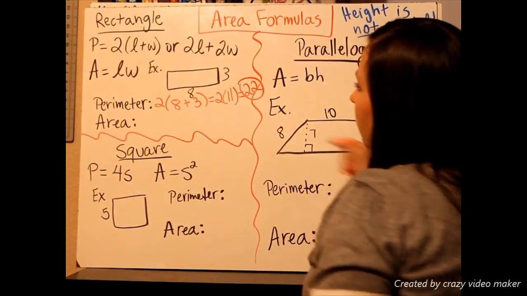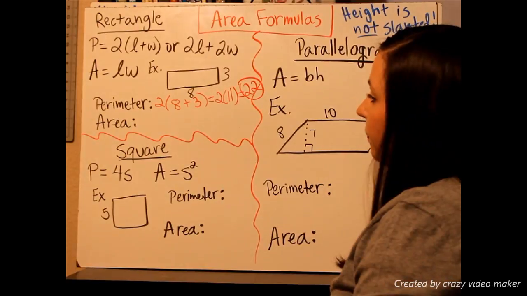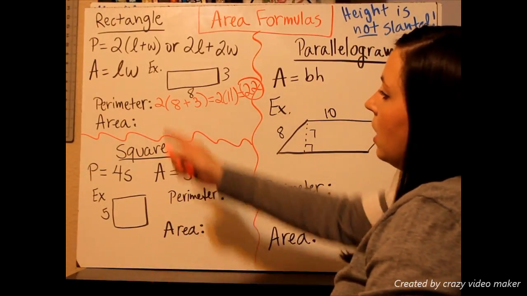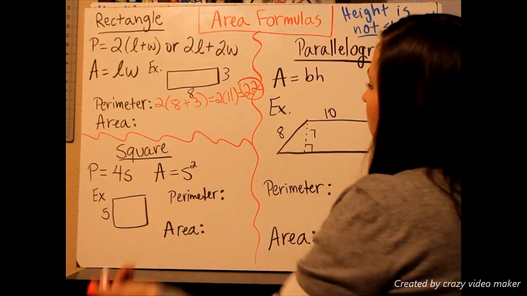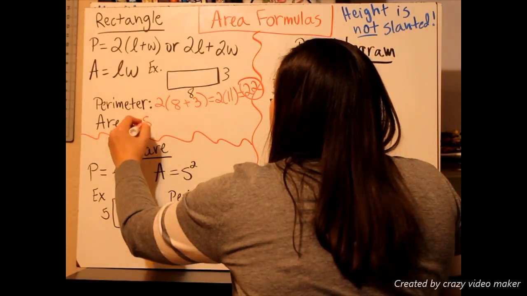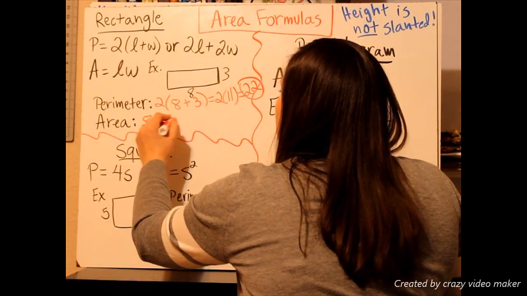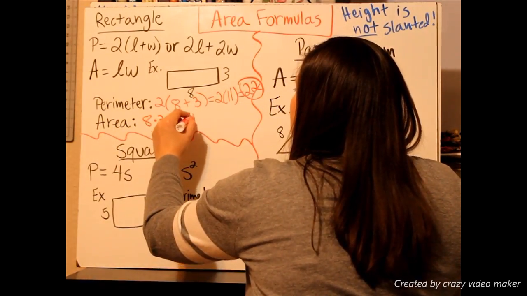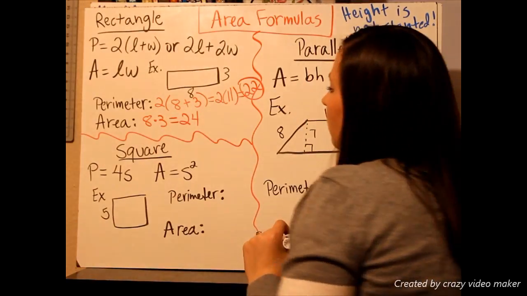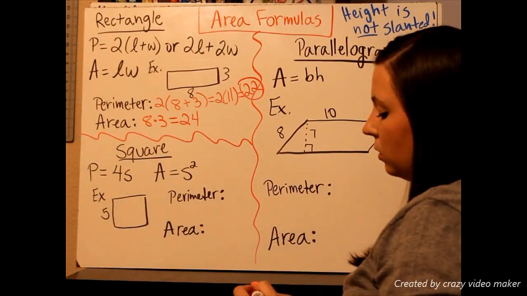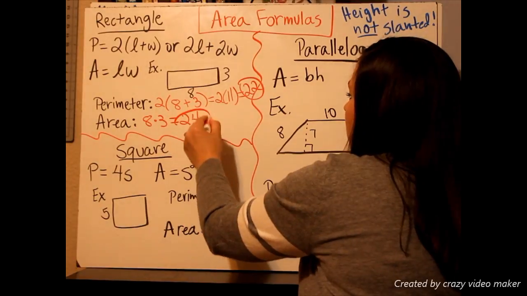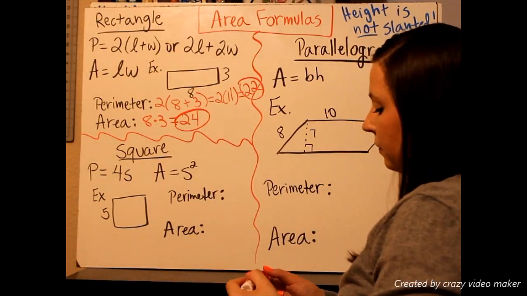So our perimeter for this rectangle is 22. Now we're going to find the area. Area is length times width. So we have 8 times 3, and that's going to be 24. Okay? 24. So our perimeter is 22, area is 24.